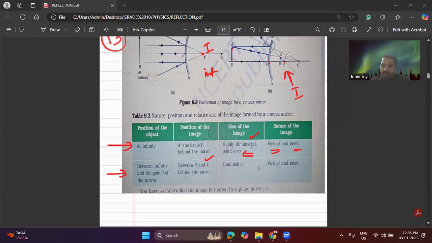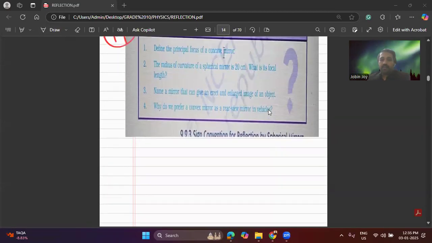And what about the size? The size is diminished. This is HI and this is HO, so the height of the image will be small when we compare it with the height of the object. And it is virtual, because the image is behind the mirror, and it is erect, not inverted. So that's all about the formation of images by a concave mirror and a convex mirror.